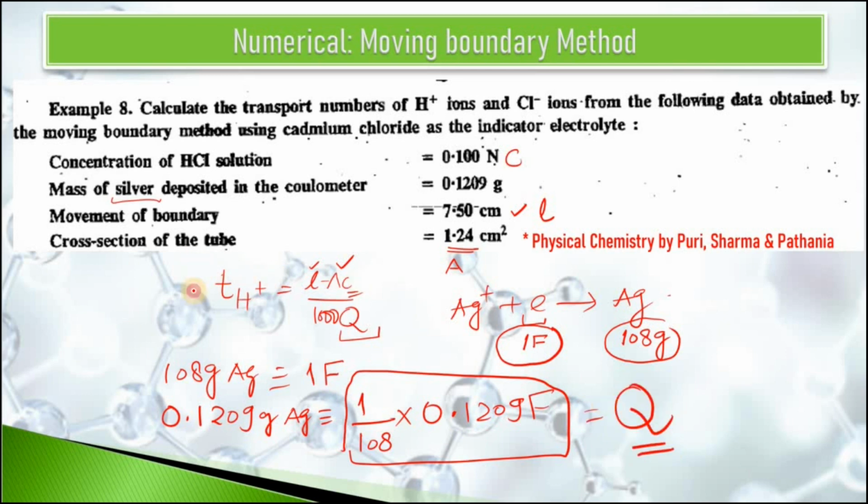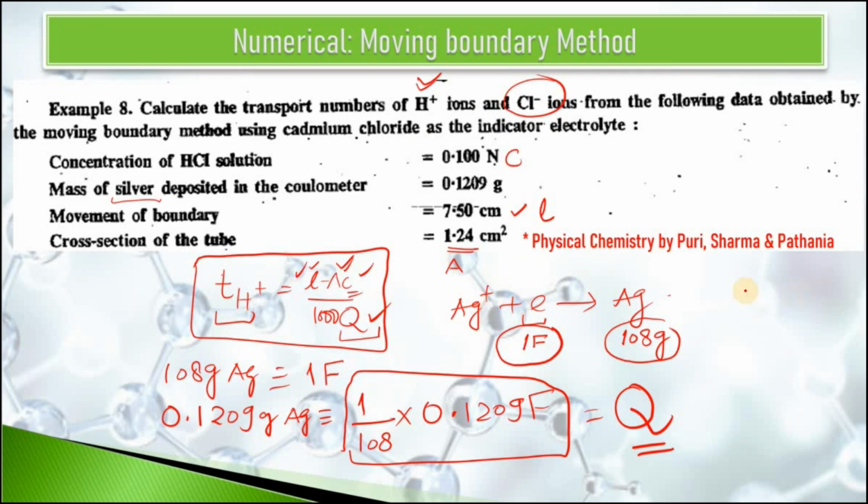Now we have got all of the quantities needed to calculate the transport number of hydrogen ions. The next thing is to substitute the values of L, A, C and Q and find out the transport number of hydrogen ions. This is the first part of this question. The second part is to determine the transport number of chloride ions.